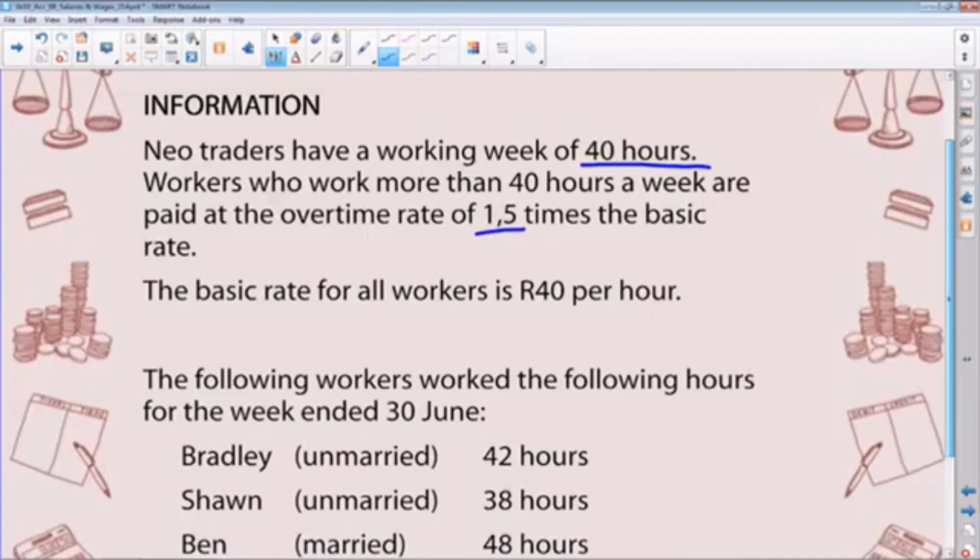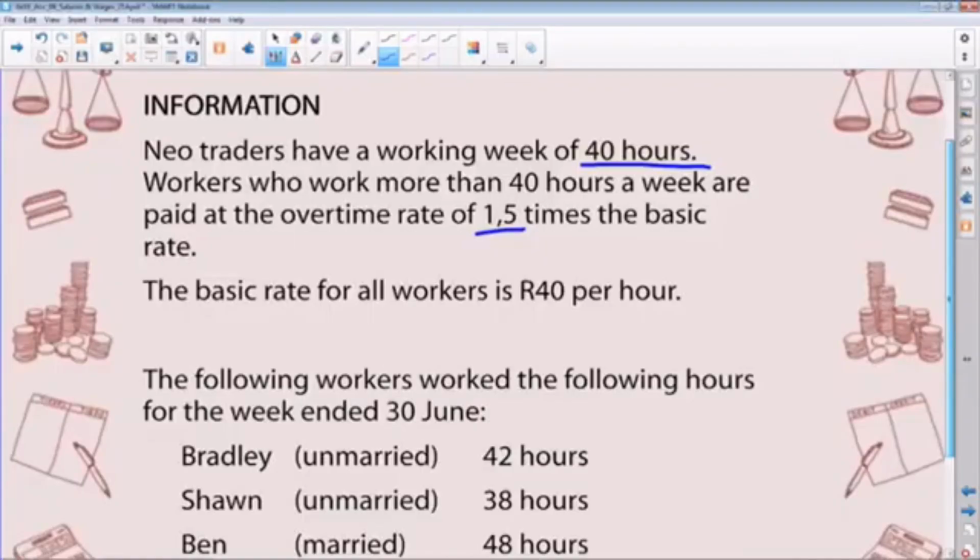So if they get 1 rand an hour, if it's overtime, they'll get 1 rand 50. If it's 100 rand an hour, what will they earn as overtime rate? 150 per hour then. But let's go and look at this company's rates. They said the basic rate for all workers is 40 rand per hour. Great. So every worker earns the same amount of money here.